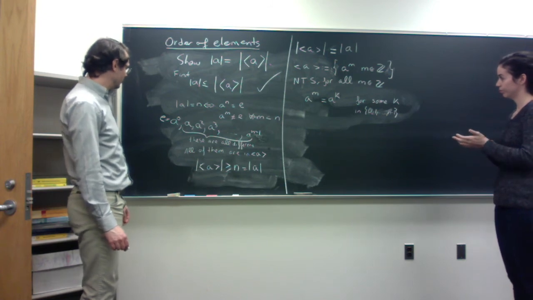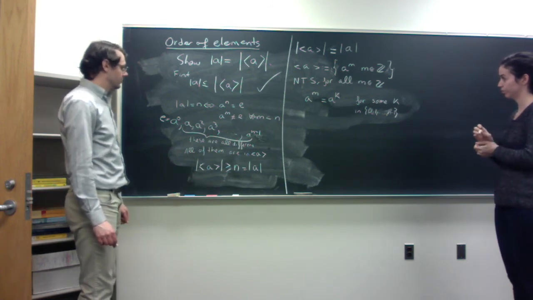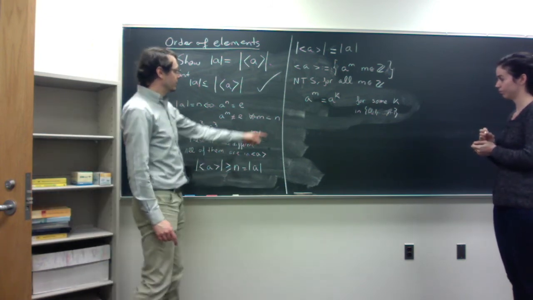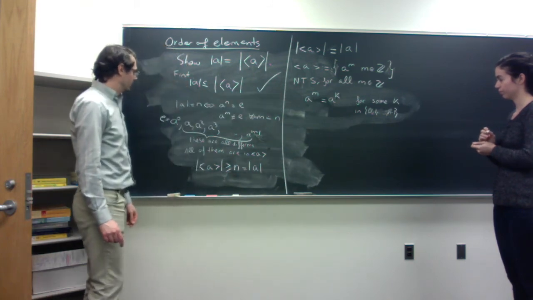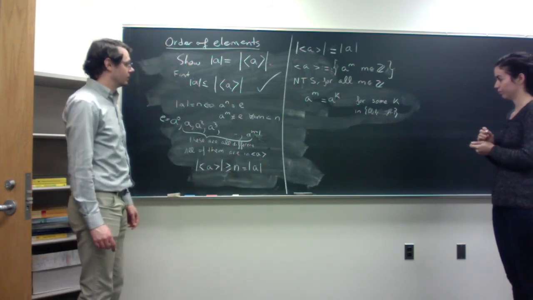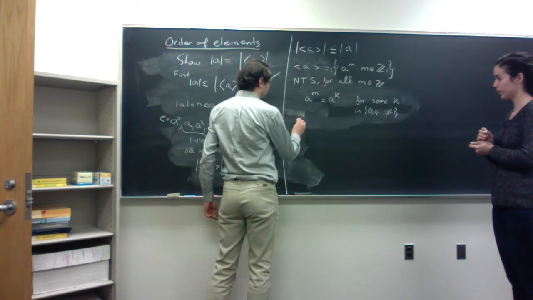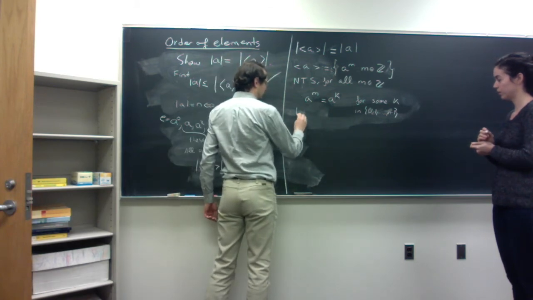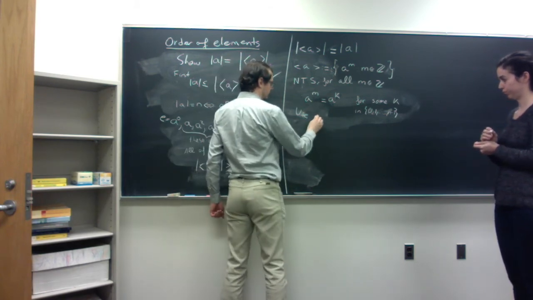Well, before we were trying to do the division algorithm. If I take a to the m and I divide it by n, what should happen? So let's use the division algorithm on m.